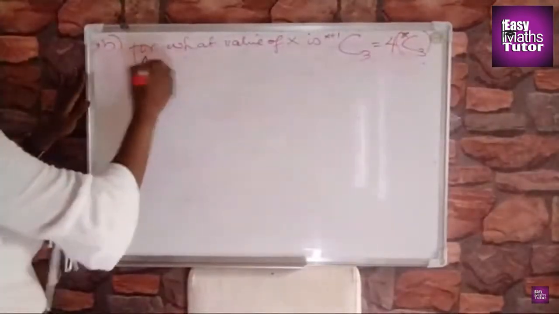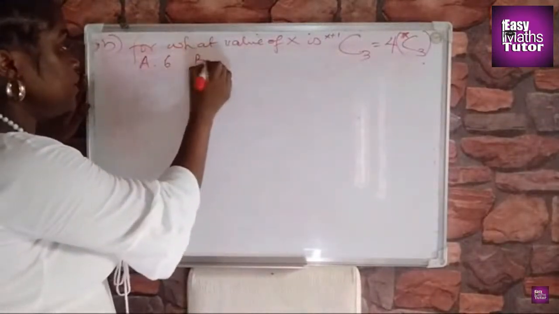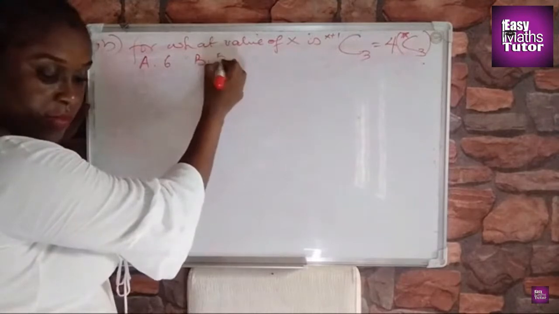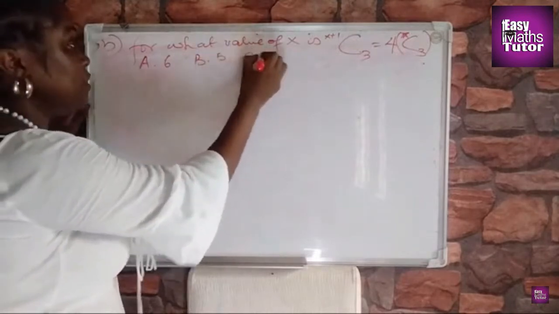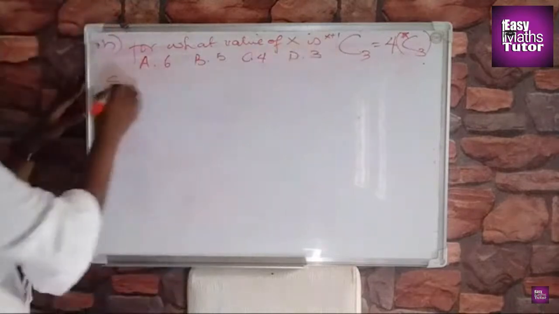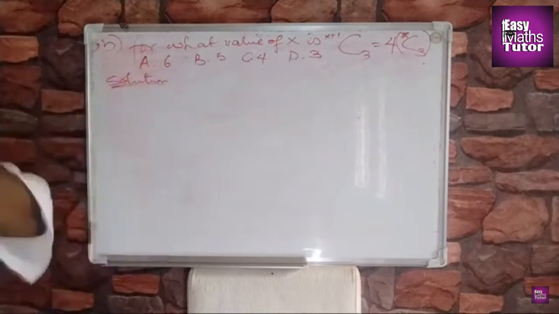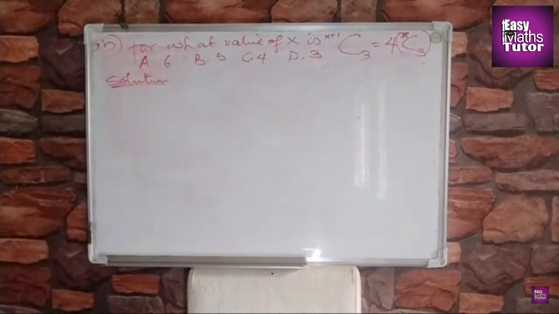Our options: A is 6, option B is 5, option C is 4, and option D is 3. Solution.